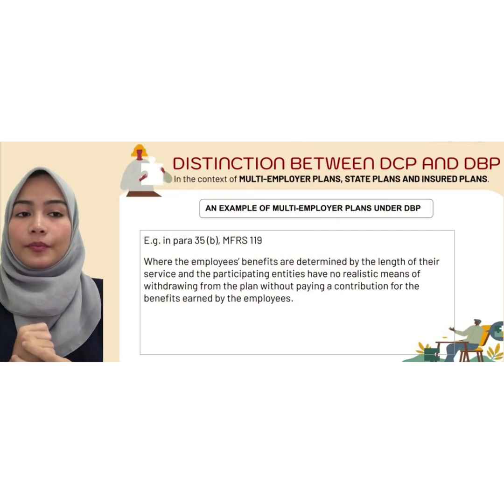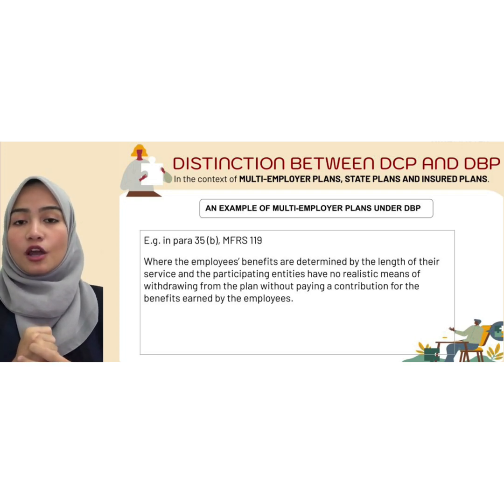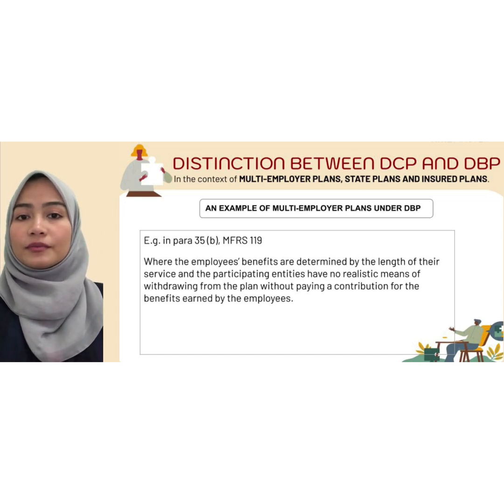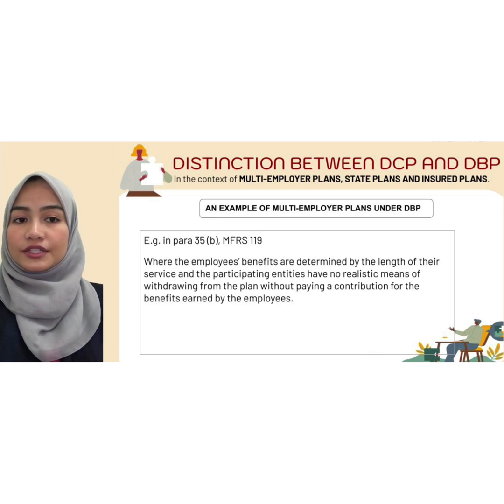For example, in Para 35 subsection B, MFRS 119 explains where the employees' benefits are determined by the length of their service, and participating entities have no realistic means of withdrawing from the plan without paying a contribution for the benefits earned by the employees.